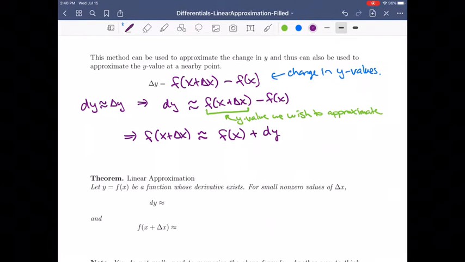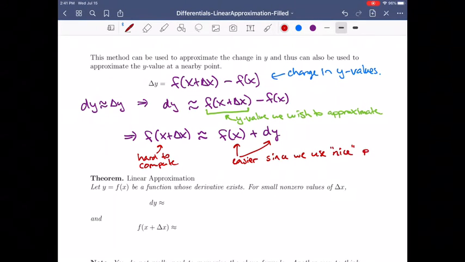The idea is that this is hard to compute, but these are easier, since we use a nice point P. This is the idea behind the linear approximation.